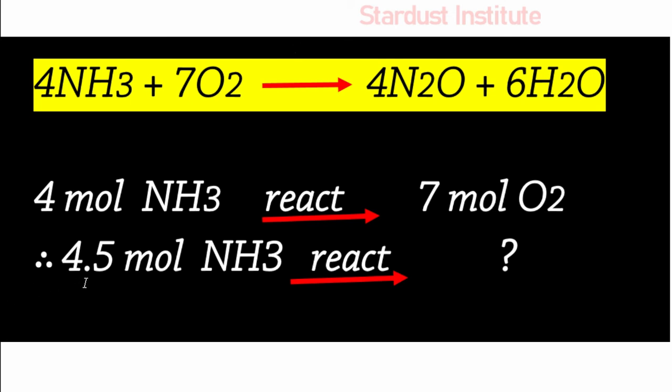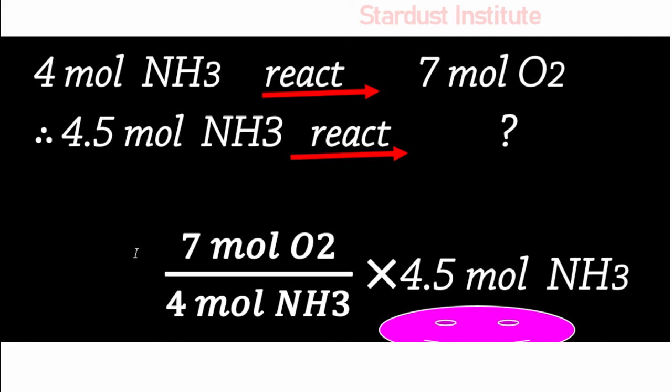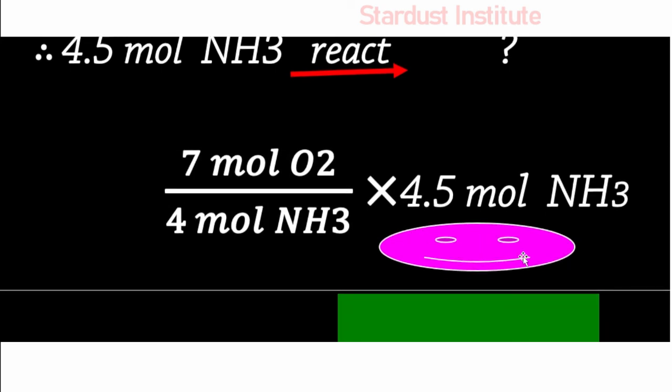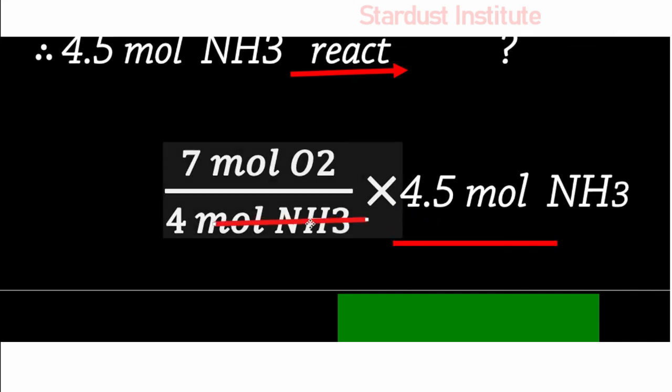4 mole ammonia react with 7 mole O2. Then 4.5 mole ammonia react with, we have to find it. We can find it in this way: 7 mole O2 divided by 4 mole ammonia multiplied by 4.5 mole ammonia. We can cancel out mole ammonia.